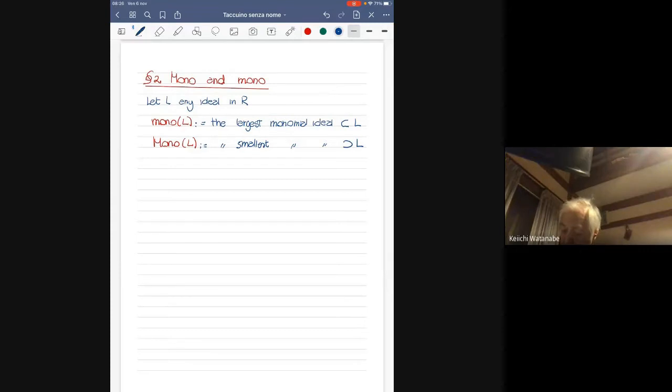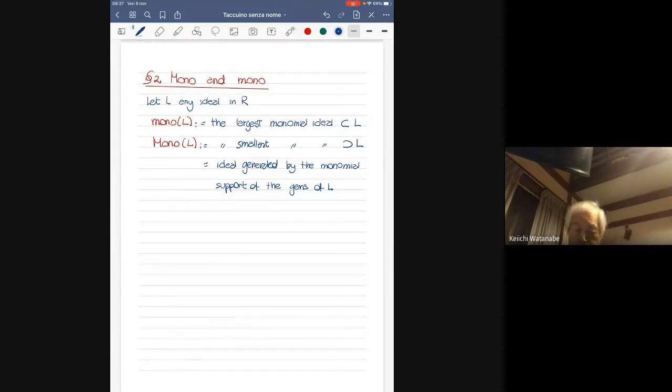So the big mono of L is very easy to describe because it's the ideal generated by the monomial support of the generators of L. It's easy to describe because you just collect all the monomials that appear in the generators of L and you take the ideal generated by them.